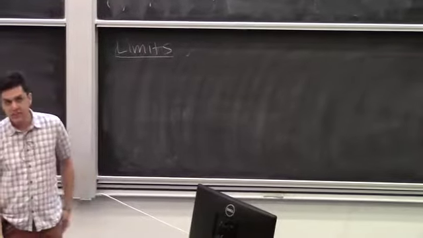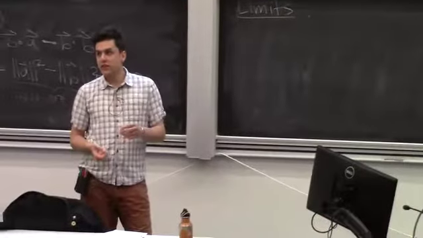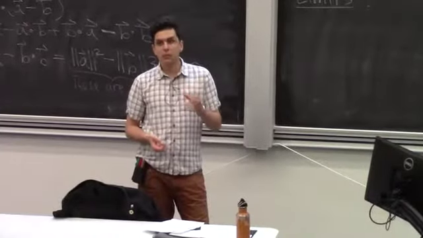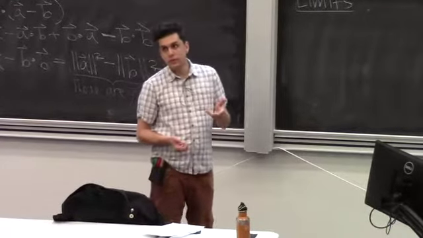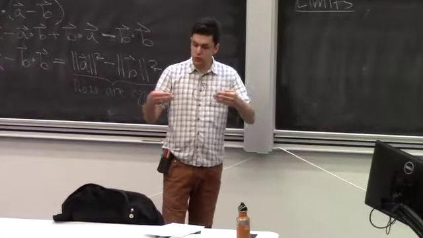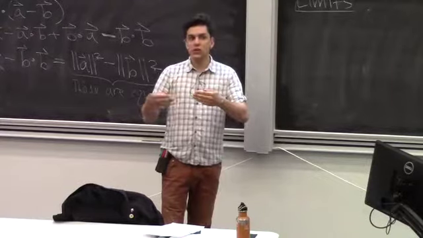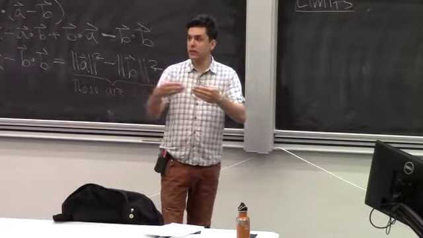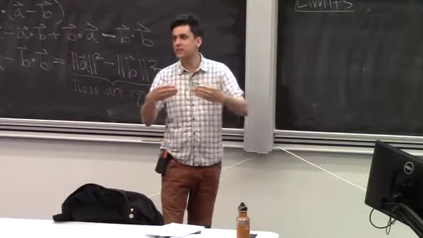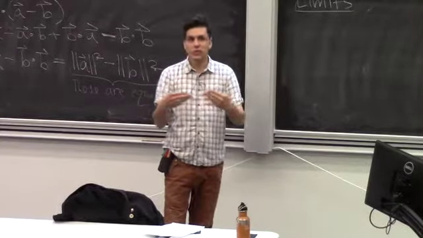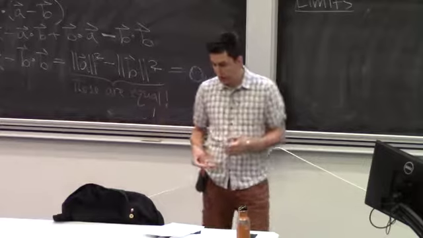And limits in multivariable calculus are a fair bit more subtle than in the real numbers. In the real numbers, there's essentially only two directions of approach. You either approach via numbers bigger than c, or via numbers less than c. There's really nowhere else to go.